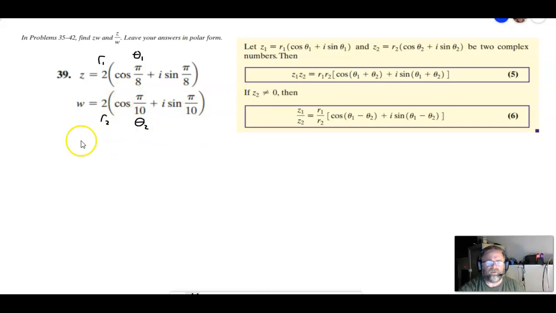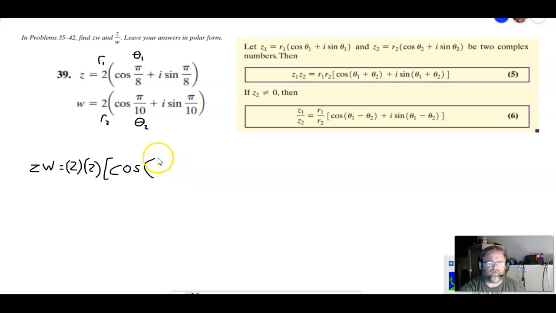So the first one, we're doing Z times W, so this is just a generic formula there. That's going to be equal to R1 times R2, so that's 2 times 2. Then in the brackets here, we're going to have the cosine of theta 1 plus theta 2.